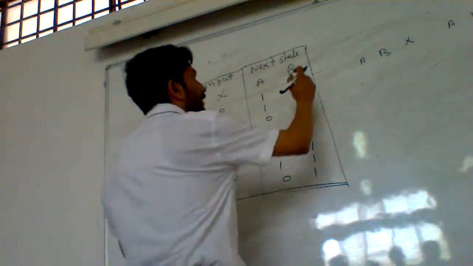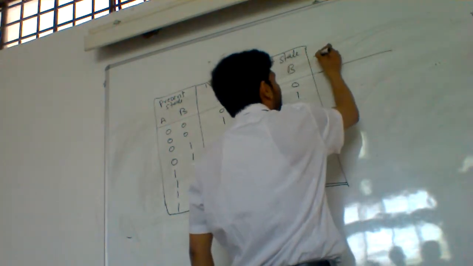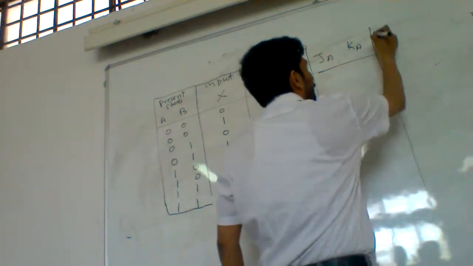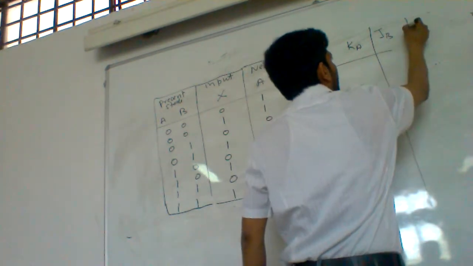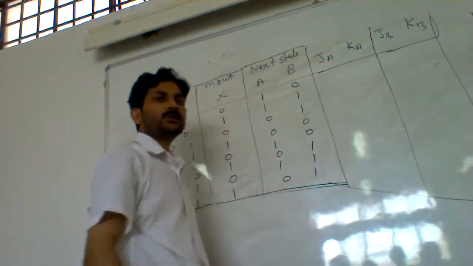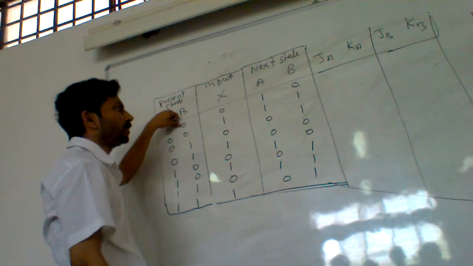Now add JA, KA, JB, KB. Clear? So now draw. Suppose 0 0.